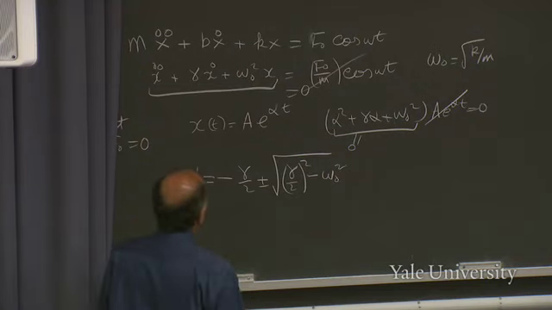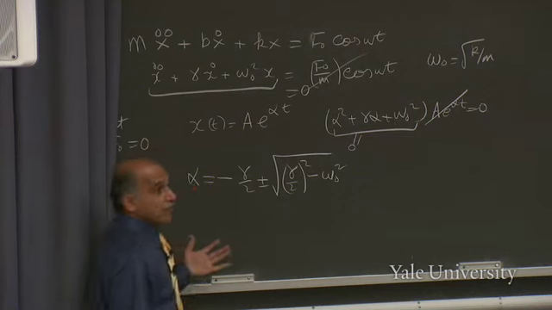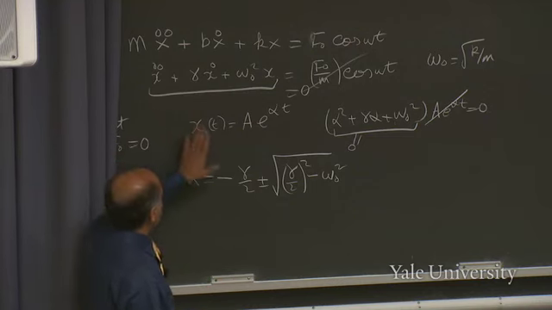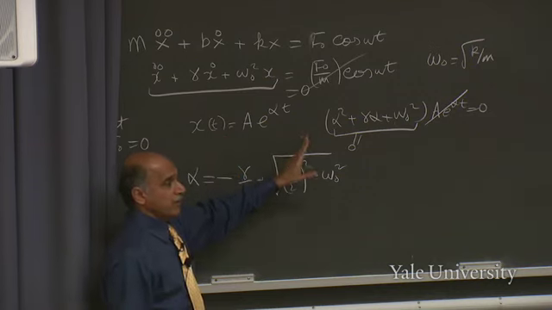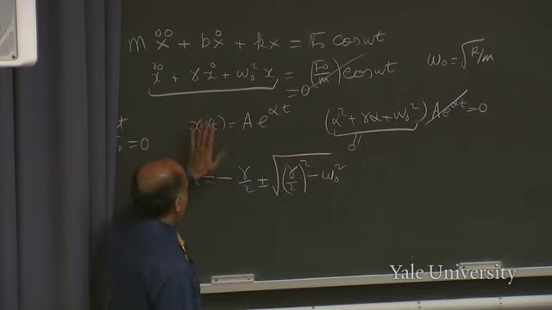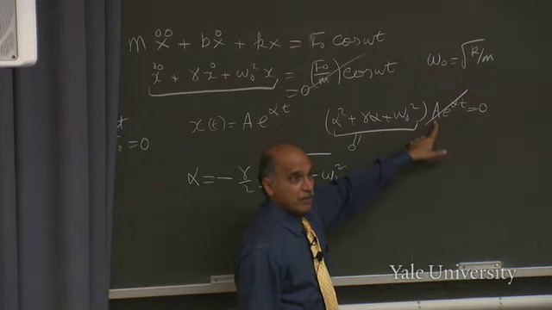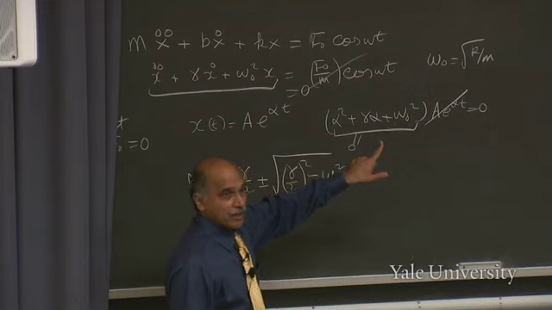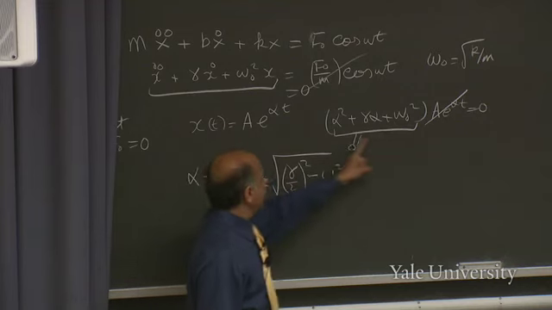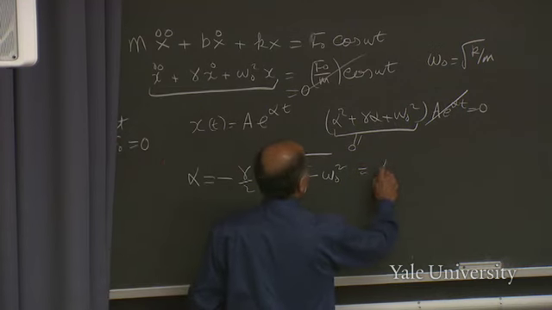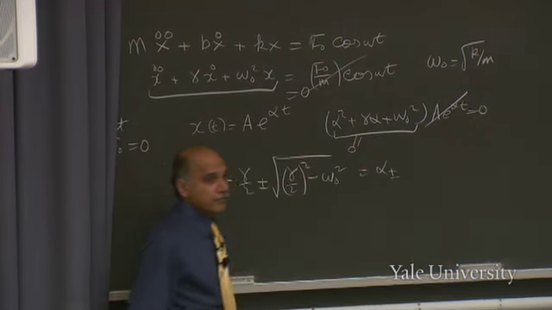Now, what does this mean? This means that yes, you can find a solution to this equation that looks like a e to the alpha t. A can be any number you like. No restriction is placed on a, but alpha cannot be any number you like. Alpha has to be the solution to this quadratic equation, and there are two solutions. So you can call them alpha plus and alpha minus.